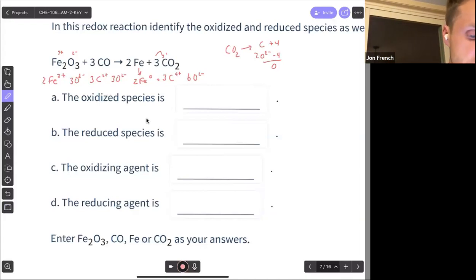So the oxidized species loses electrons, right? So carbon goes from 2 plus to 4 plus, right? How did it do that? By losing 2 more electrons.